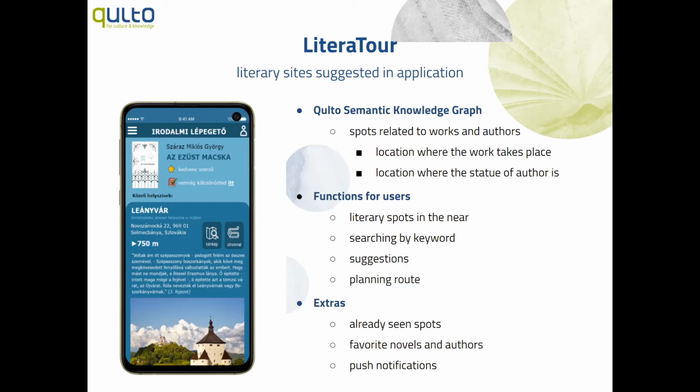So from the knowledge graph, the application is able to search for locations of works, and also for example touristic sites like statues of famous writers, and send a notification to the user that there is an interesting spot nearby to visit.